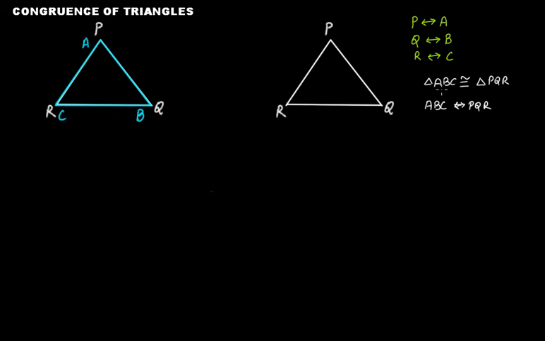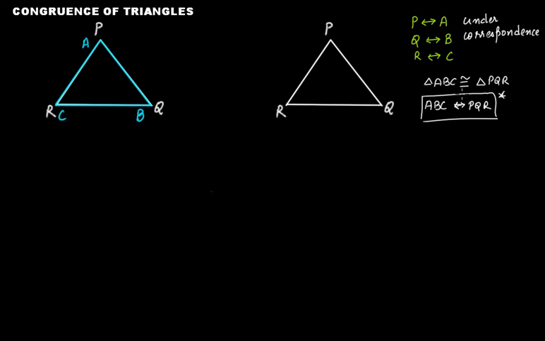So let's again repeat. Triangle ABC and triangle PQR are congruent under correspondence ABC to PQR. And if you are wondering why this is important, it is really very important, and we will discuss this point very shortly.